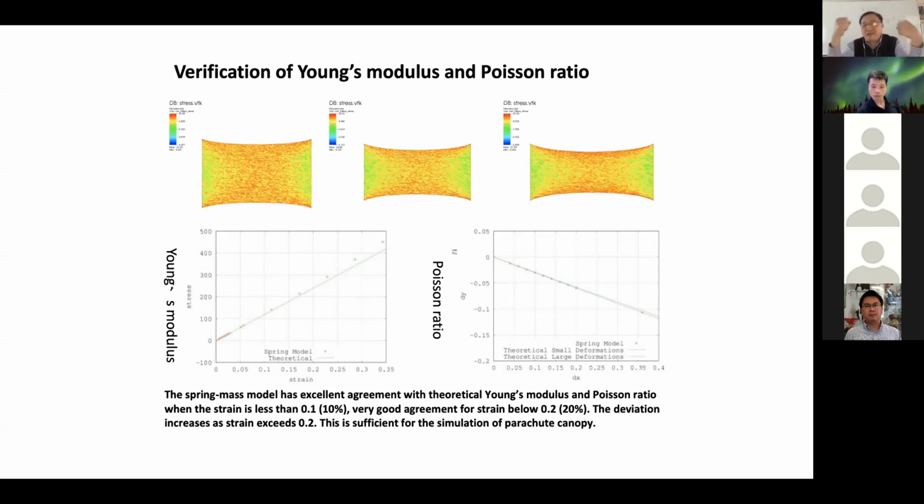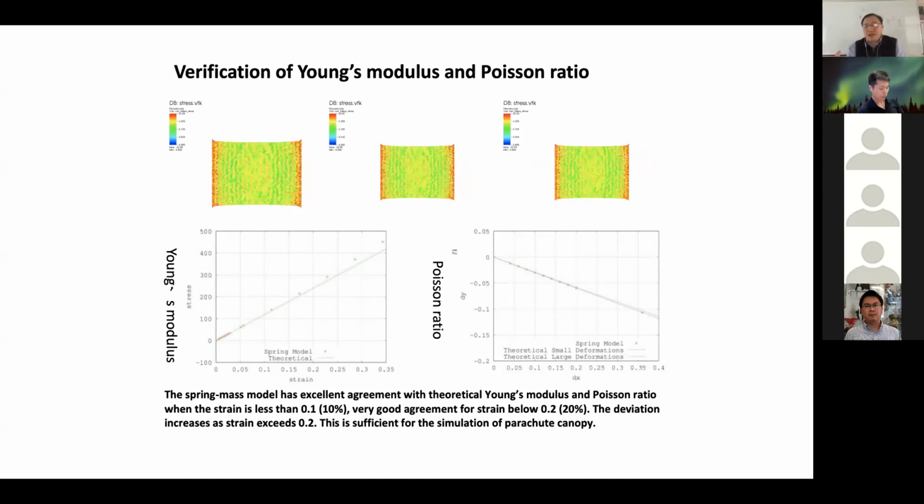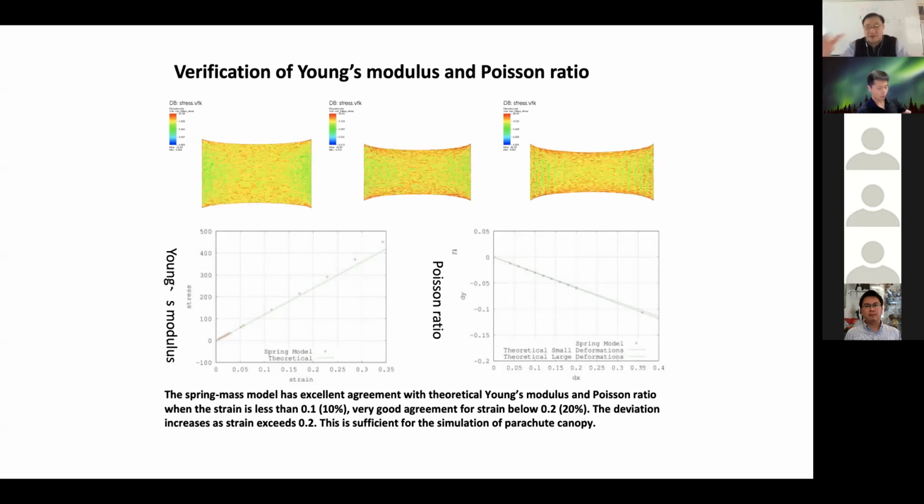This is because when you have a parachute, the parachute canopy has the stress or strain uniformly in all directions, and therefore, for most realistic simulation, we include the Poisson and angular stiffness, but that makes the model more expensive and the code more complicated.